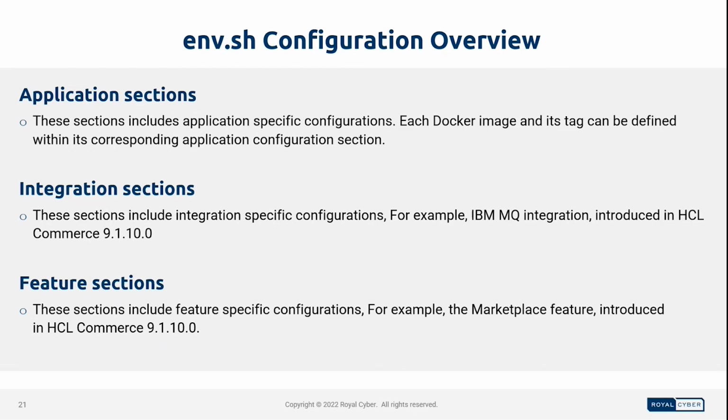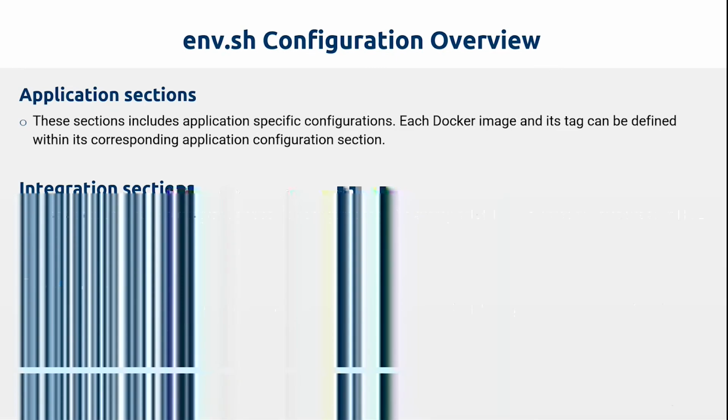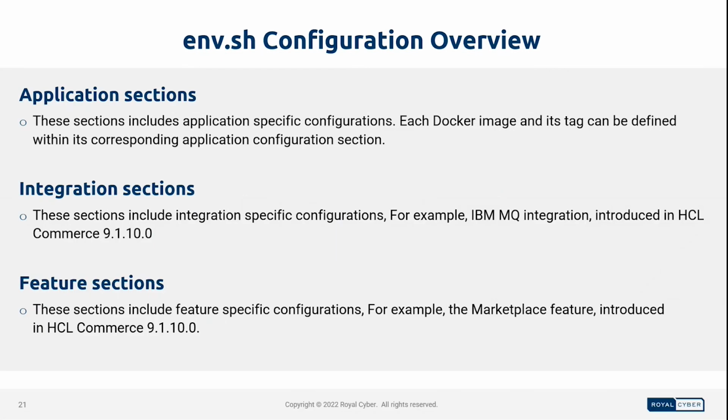Then we have the integration section. This section includes integration specific configuration, for example, IBM MQ integration that was introduced in HCL Commerce version 9.1.10. Also, we have the feature section. This section was also introduced in version 9.1.10, and includes feature specific configuration, for example, marketplace features.